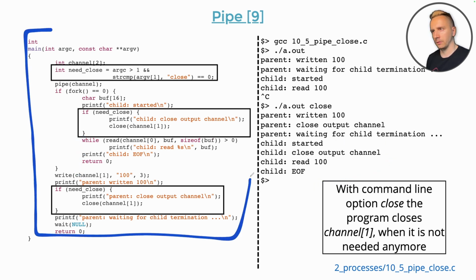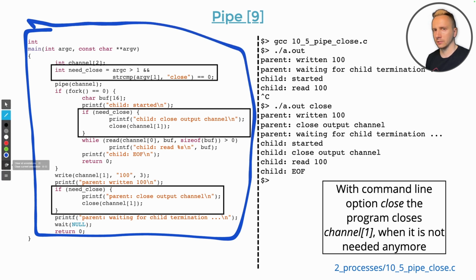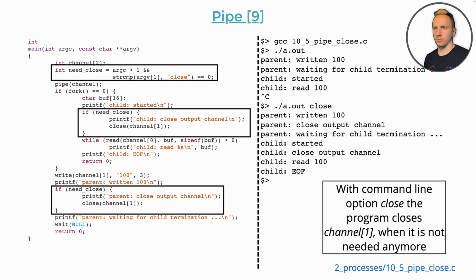When you are working with pipes, always close the unused end of the pipe right away. To see which of them are unused, if you need some help, you can try to visualize it on paper or in a text file, which processes will need which ends of the pipe, and close the unused ones right away after fork, or after you finished writing, you close the writing end. After you finished reading, close the reading end.